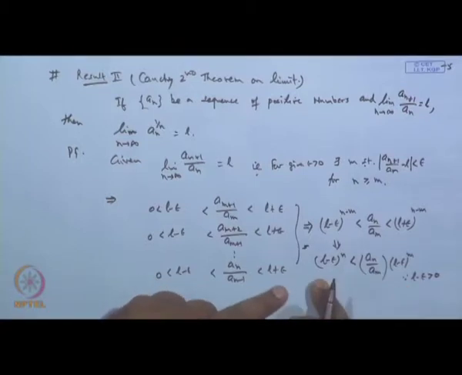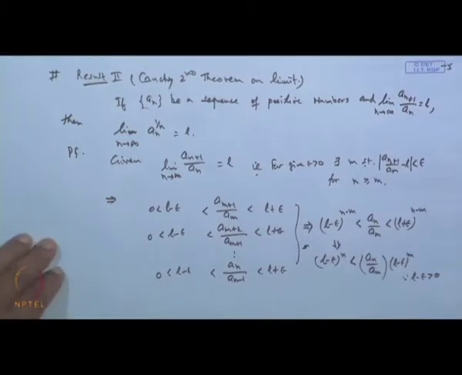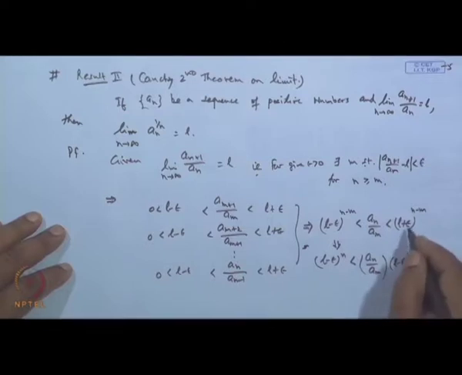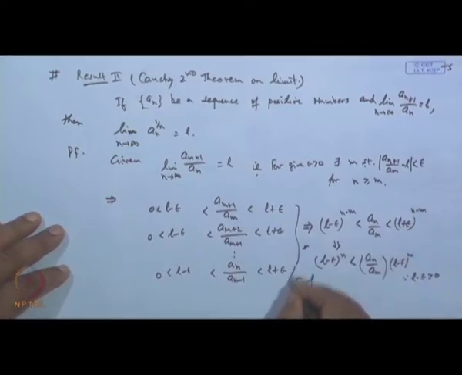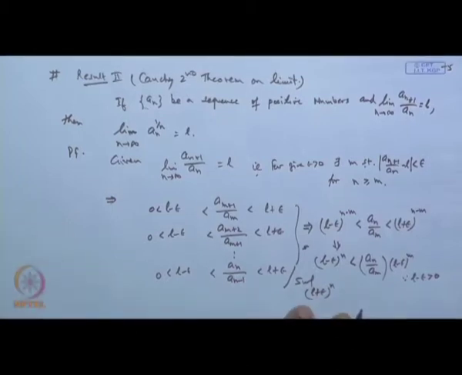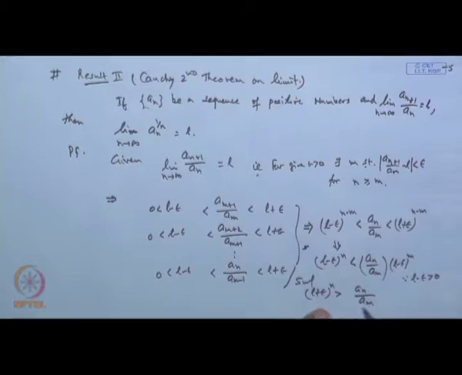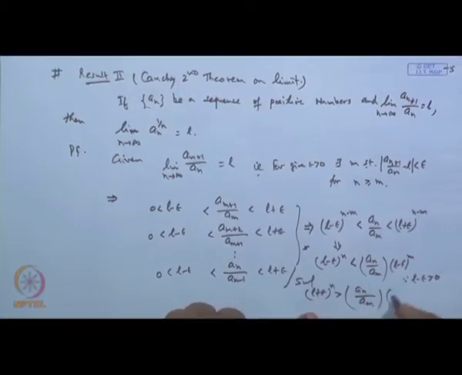Now, take the power 1 by n. Similarly, when you take (L plus epsilon) to the power n, here also we get that this is greater than a n over a m into (L plus epsilon) to the power m. Okay.